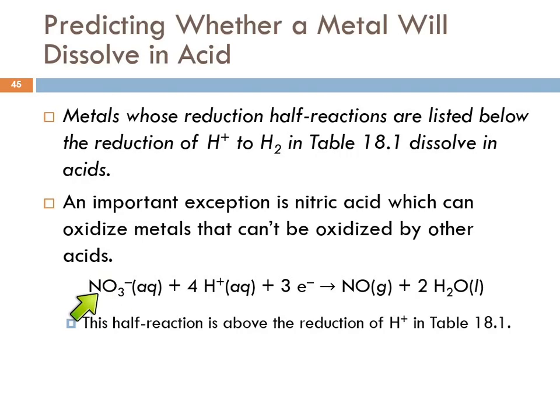So the nitrate ion undergoes reduction in the presence of acid to nitrogen monoxide gas and water. And this is above the reduction of hydrogen. So nitric acid will dissolve pennies, will dissolve copper. That's the only one your book mentions, so that's the only one we have to care about.